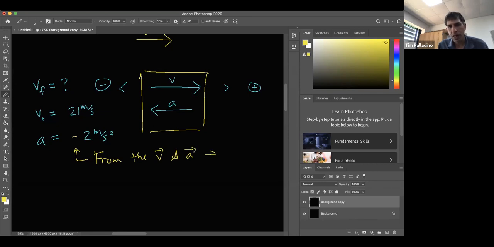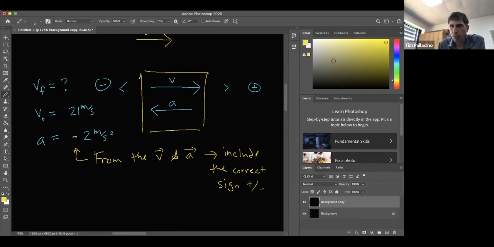So we have to change the sign ourselves. So include the correct sign, positive or negative. We have to go and put that in ourselves. So be very careful about that.